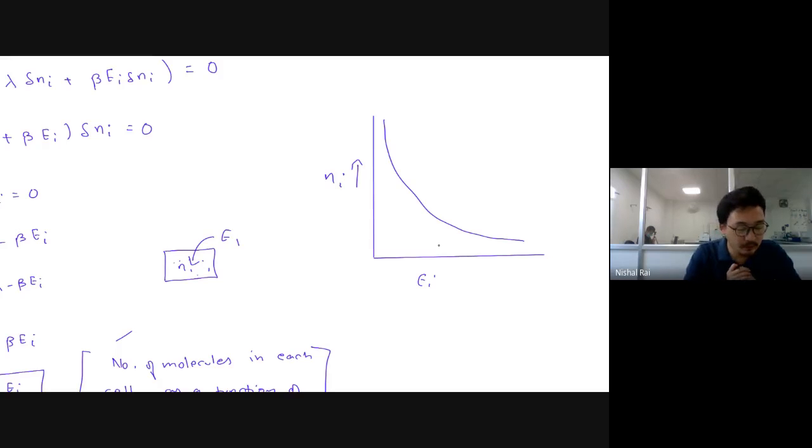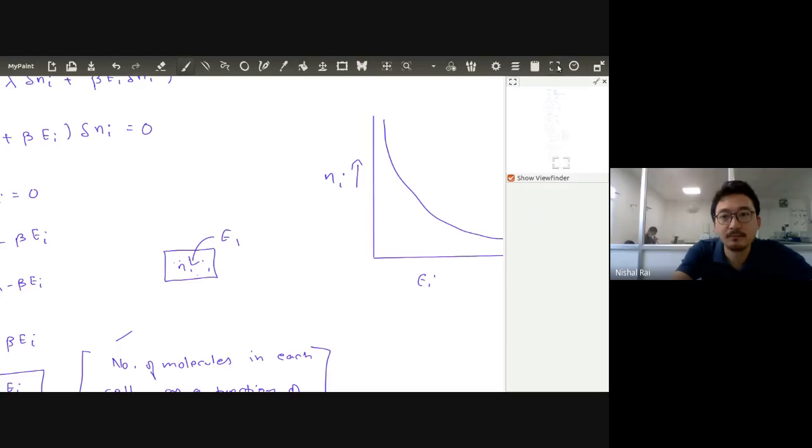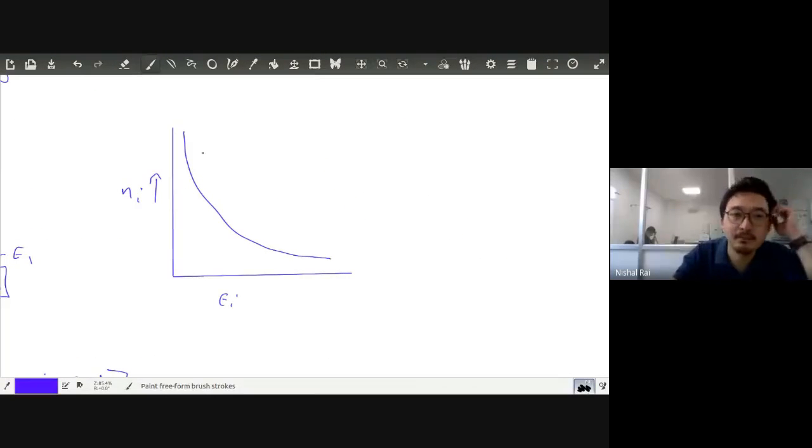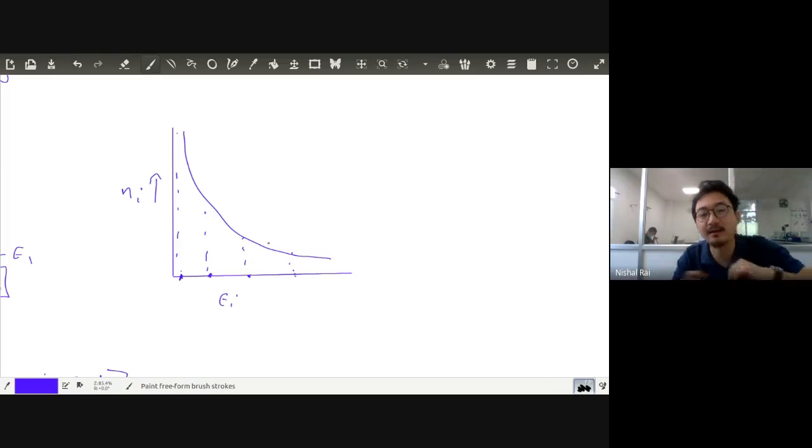Now, what does this mean? Basically, all systems want to minimize their energy. Yes or no? What does this graph mean? Do you see, at lower energy, because the energy will be lower on this side and higher on this side, the number of particles is more at the lower energy and less at the higher energy?